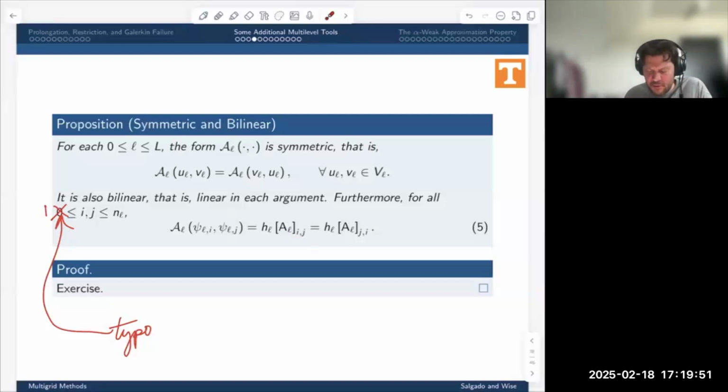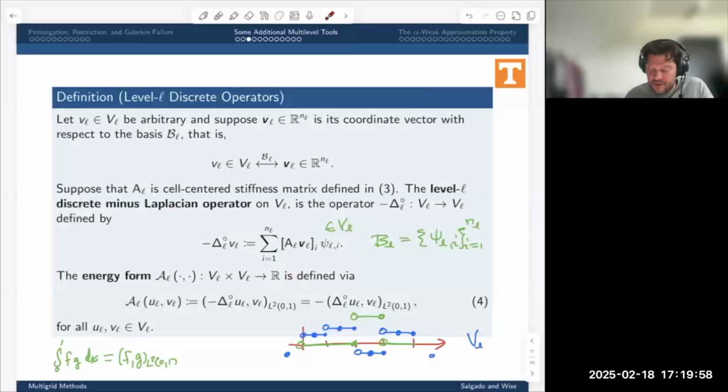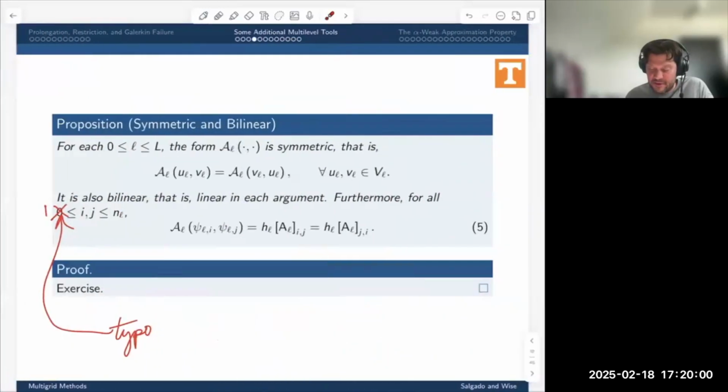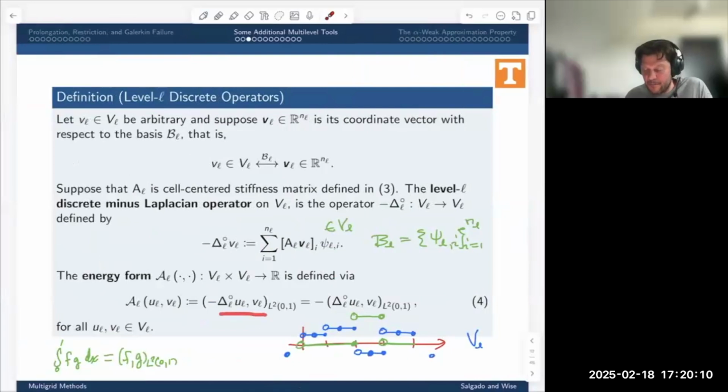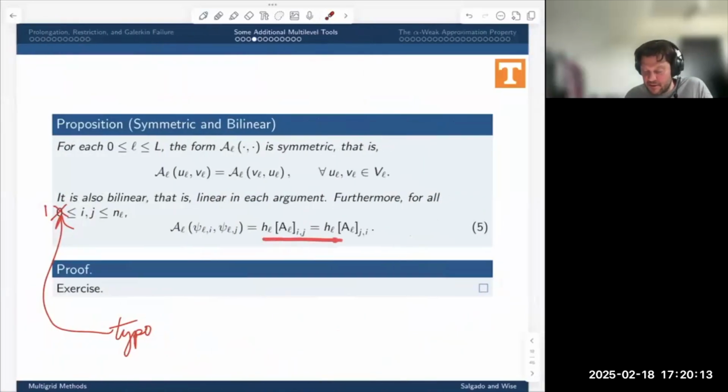So that also you can check. This one you can just check by putting in those basis functions. Remember, these are my piecewise constant basis functions that are 1 on certain cells and 0 everywhere else. So put those values in this definition, and you should pretty much immediately get this result.